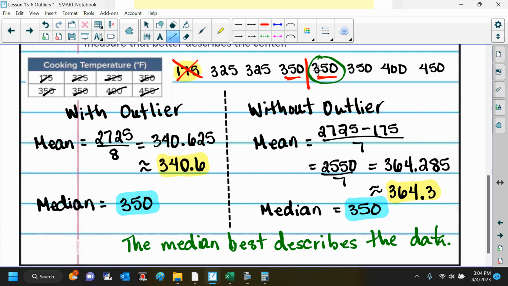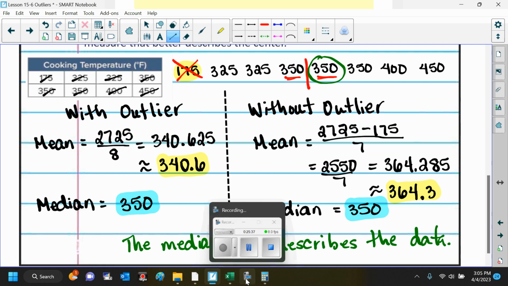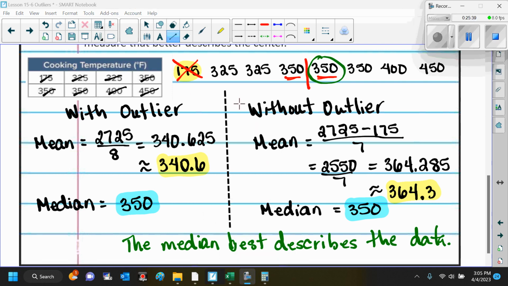The median, we had to get the average of the two middle numbers, and they're both 350. So 350 plus 350 divided by 2 is 350. Remember I told you that shortcut, right? So that's 350. Now we had to do the calculations without the outlier. So now we're taking it out. If I take that 175 out, then I'm going to have 7 numbers now instead of 8.